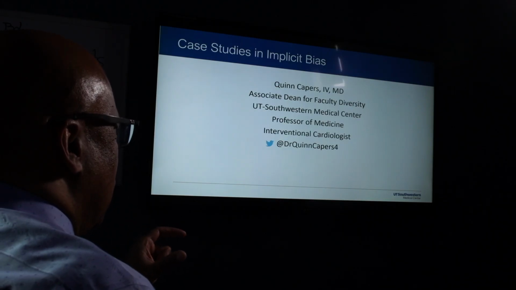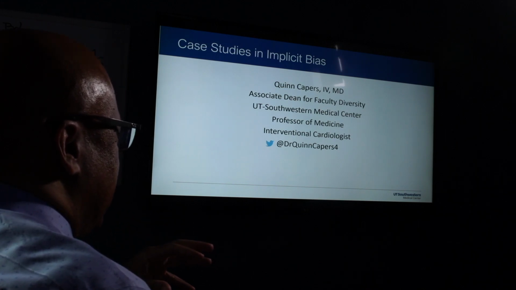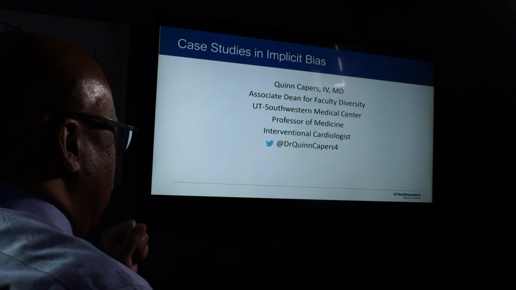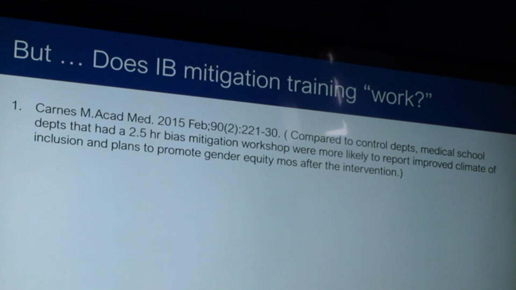But before we go into some case studies where we rehearse some of these strategies, I just want to give you a little bit of data, because what you might be asking yourself now is, is it worth the time? Does quote-unquote implicit bias mitigation training work? And there is evidence that it does. There's evidence from a study showing that a 2.5-hour bias mitigation workshop actually improved the climate in academic departments of internal medicine.